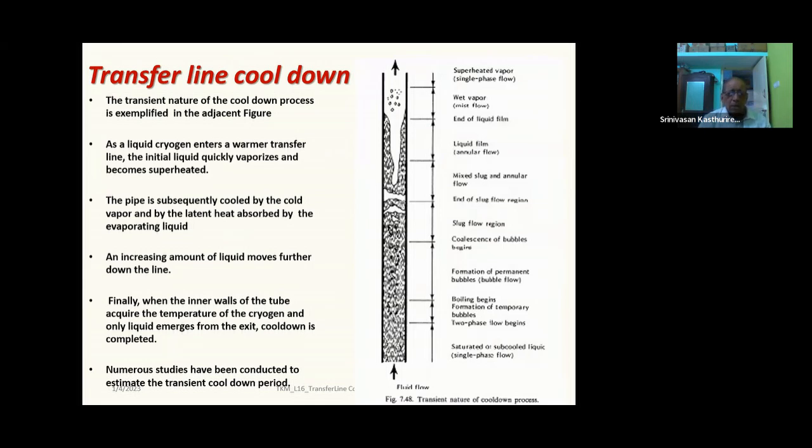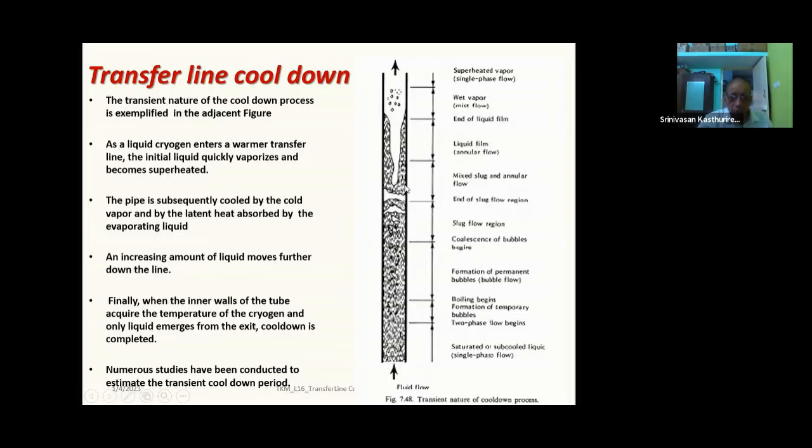Now, let us first discuss the transfer line cool down. How does a transfer line get cooled down? First of all, the transient nature of the cool down process can be exemplified by this figure here. First, the cryogen starts entering the pipe.